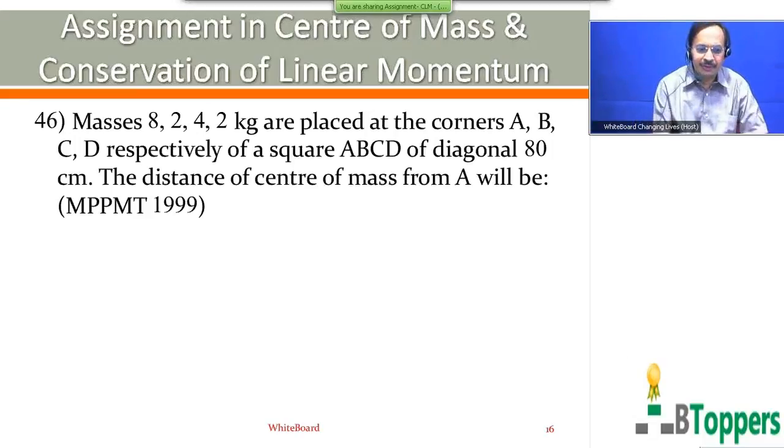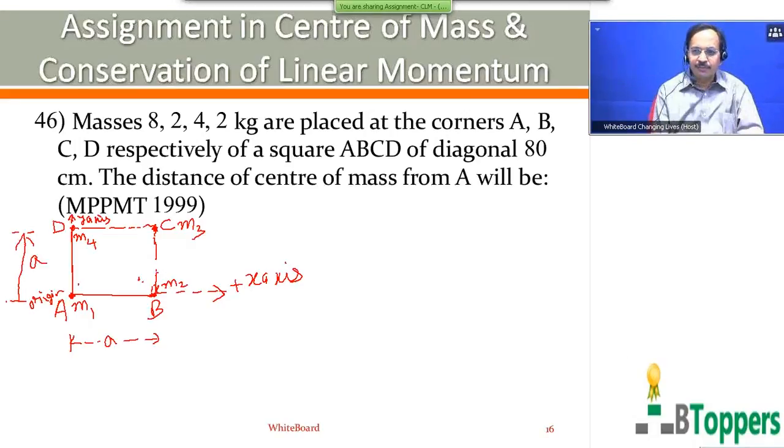So we can draw a figure. Here 4 masses 8 kg, 2 kg, 4 kg and 2 kg are placed at the corners A, B, C, D, which are denoted by M1, M2, M3, M4.